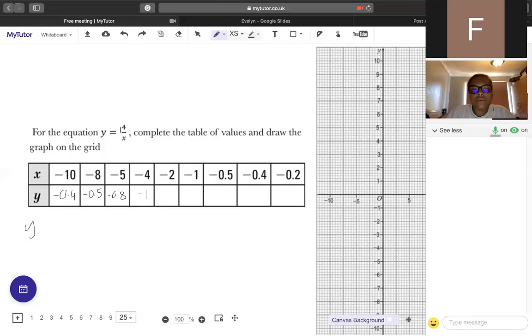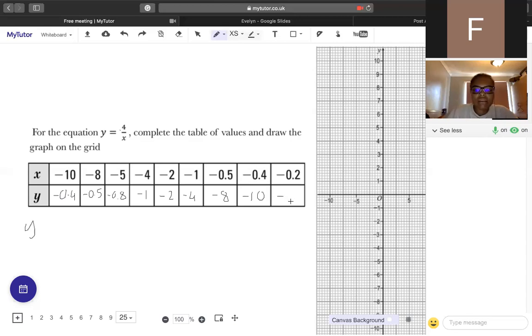Then 4 divided by minus 2, which is minus 2. And 4 divided by minus 1, which is minus 4. And then 4 divided by minus 0.5, which is minus 8. 4 divided by minus 0.4, which will give you minus 10. And then 4 divided by minus 0.2, which will give you minus 20.